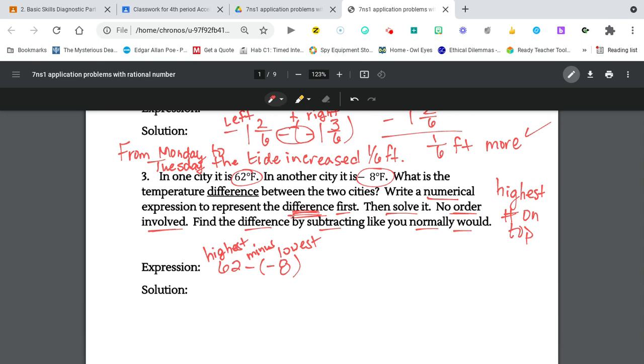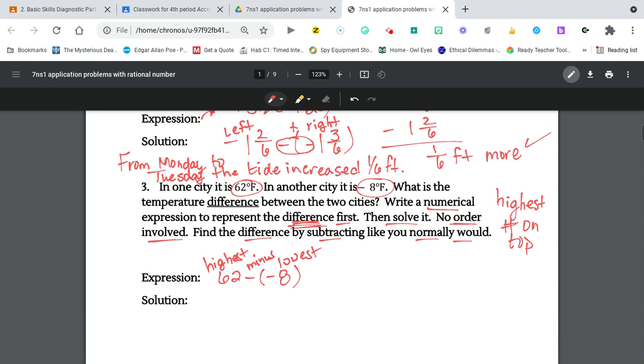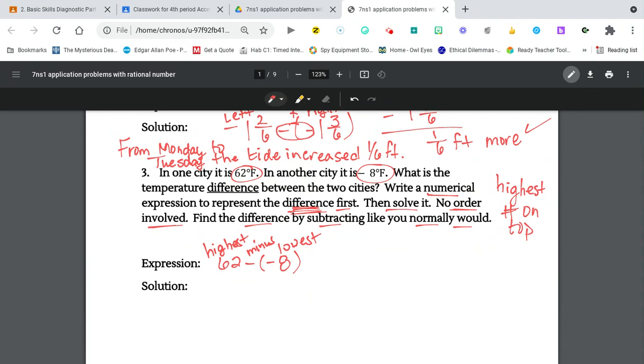Now, if I tell you where you started and where you ended, and it has order like that, then you please put the final number first, or the end number first. All right, here, let's go ahead and look at 62 minus -8. This is the same. This goes to the right. And minus a negative is a plus. It also goes to the right.